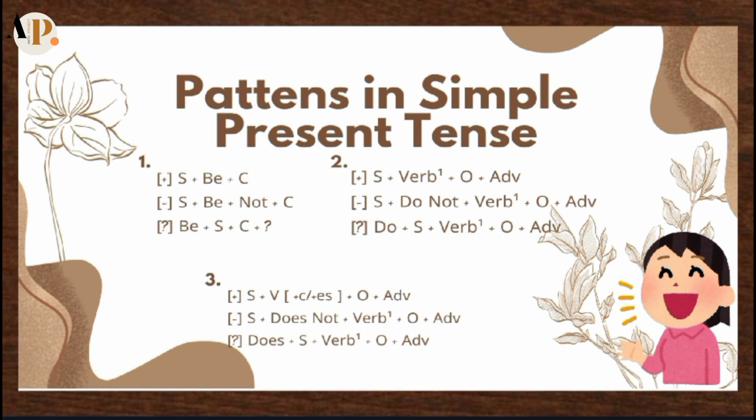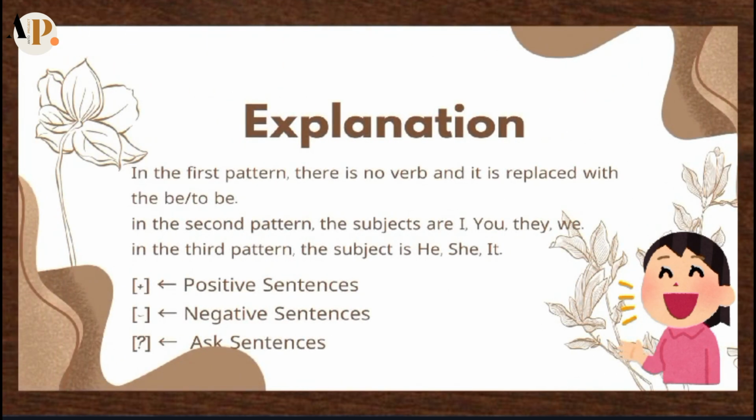If the sentence is a question, the pattern is does plus subject plus verb 1 plus object plus adverb. In the pattern 1, there is no verb, and it is replaced with the be or to be.